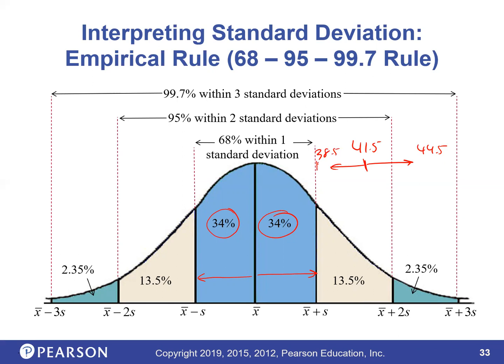Okay, here it is. So I know that almost 70% of the people in this corporation earn between 38.5 and 44.5. That's what I know. And then we can extend that further.